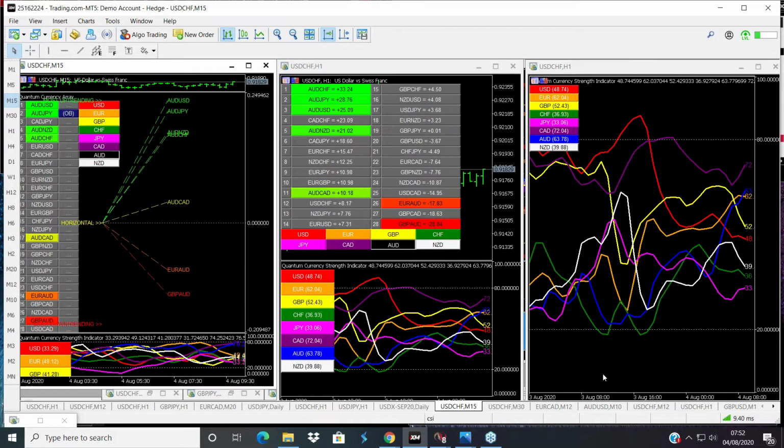Also, MT5 is much more of a multi-asset platform, so there are hundreds and hundreds of different stocks and all sorts of things that you can trade if your broker offers you MT5. The dashboard that I've got here doesn't have the heat map. I have that on a separate chart.